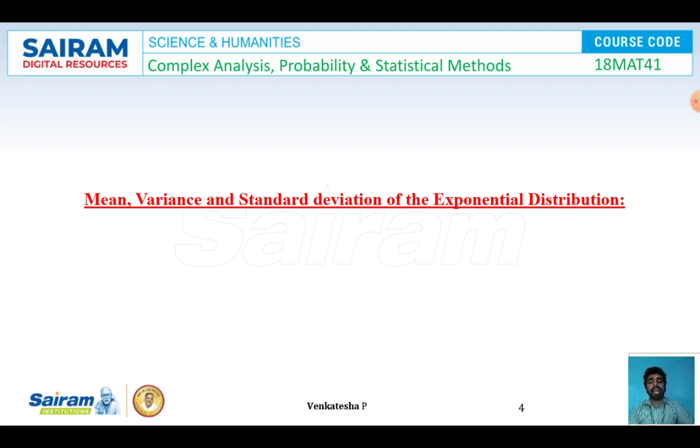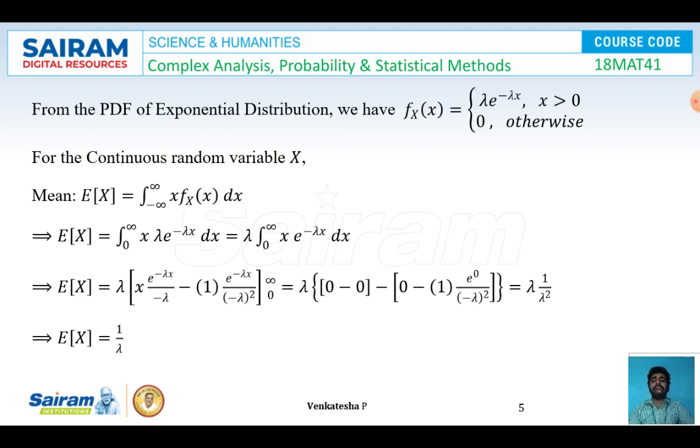Mean, variance and standard deviation of the exponential distribution. To find the value of mean, variance and standard deviation, first let me consider the probability density function of the exponential distribution. It is given by f_X(x) = lambda e^(-lambda x) for x greater than 0, and it is 0 otherwise.